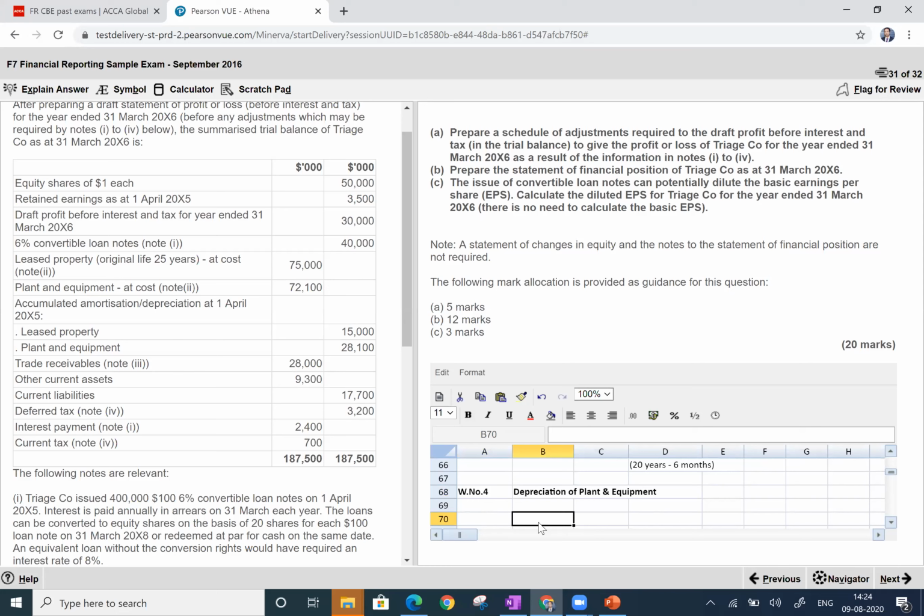How will you start with depreciation of plant and equipment? They have given plant and equipment cost. How much is the cost here? 72,100.